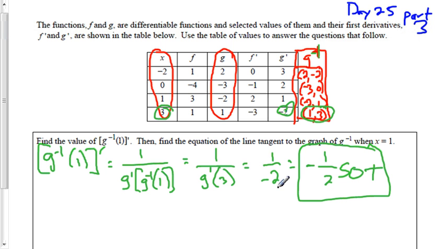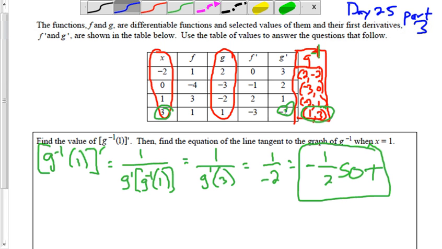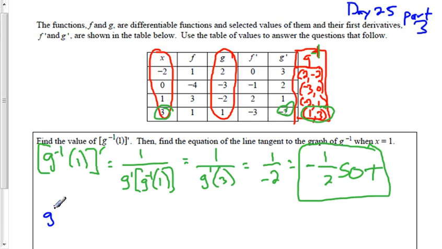It's nowhere near what the question's finally asking, saying, tell me what the equation of the line tangent to the graph is. We just said our value at that point: the value inverse g of 1 equals 3.